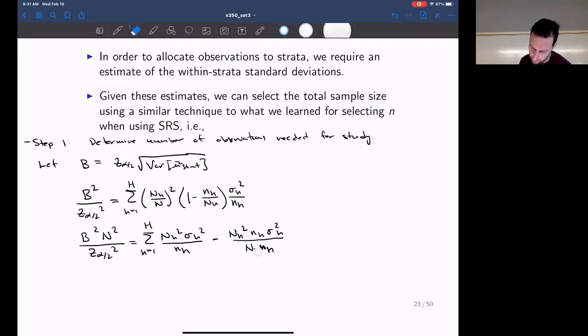I'm not using H for strata next time because I cannot properly differentiate between H's and N's.